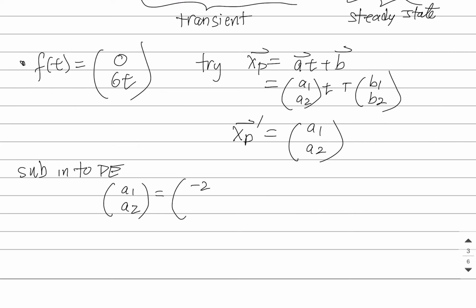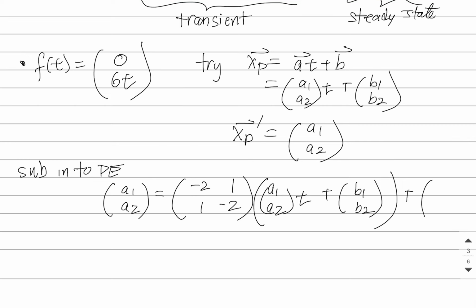We'll have our matrix 2, 1, 1, negative 2. And now we have a bit of a mess here, right? So we can write this as a1, a2 times t, plus b1 and b2. And to this, we are adding our right-hand side: 0, 6t.